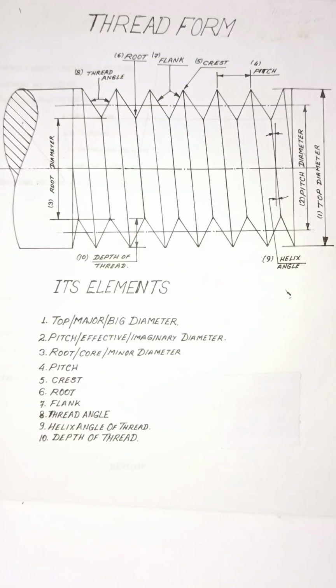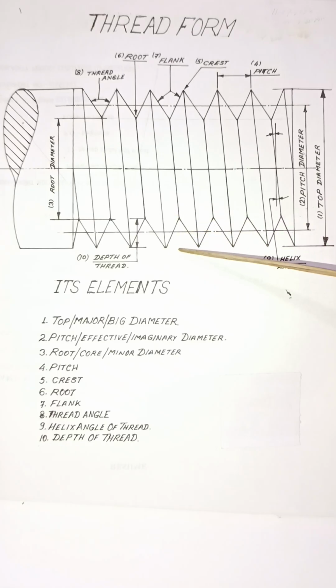Then next is depth of thread. Whatever thread we are producing, a certain depth is required to give, from this point to this point, perpendicular distance. This is depth of the thread. So when we produce thread, we have to give depth of cut. That is the depth of thread.